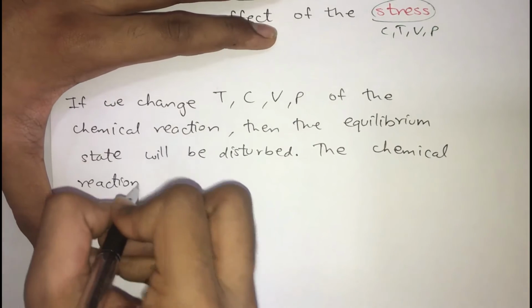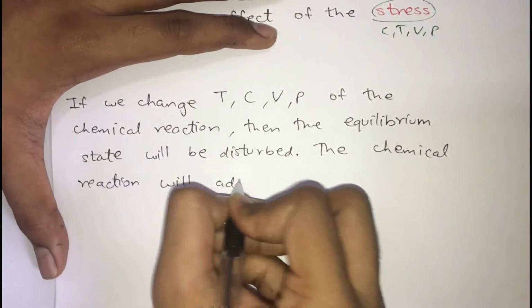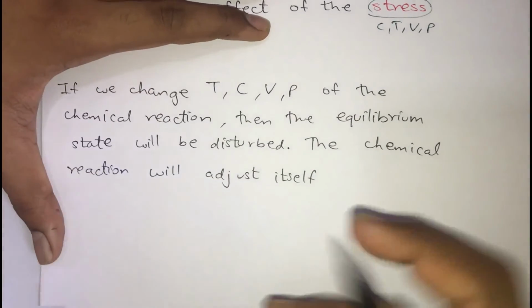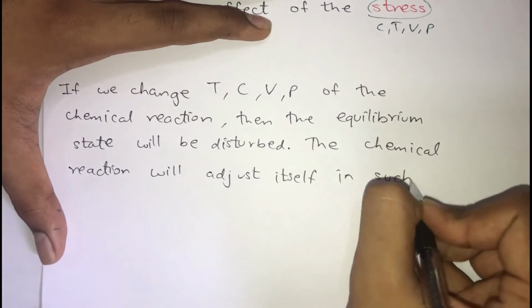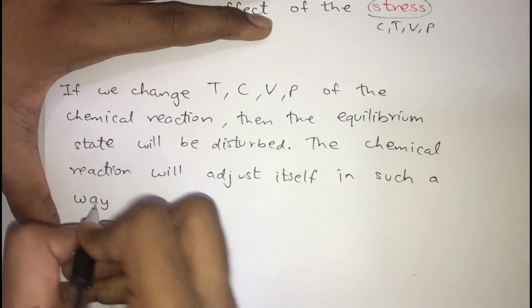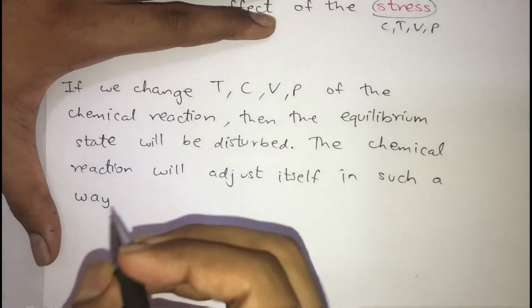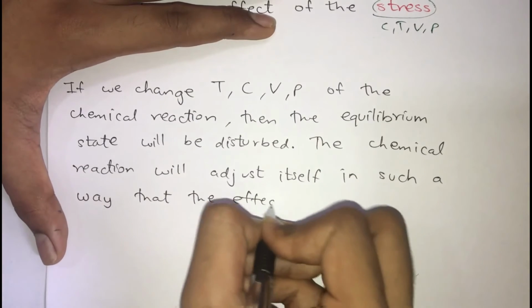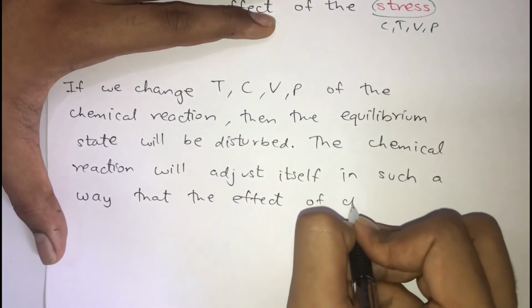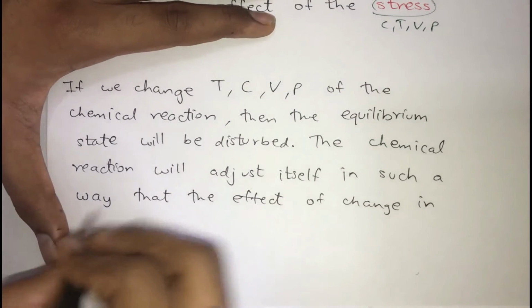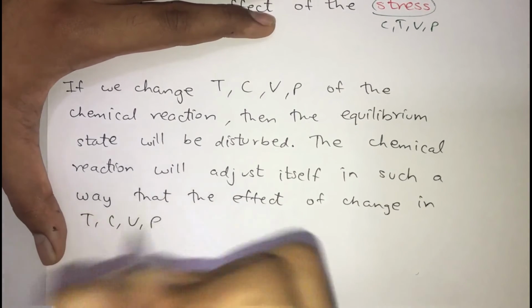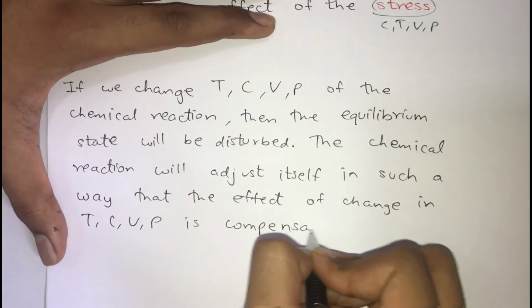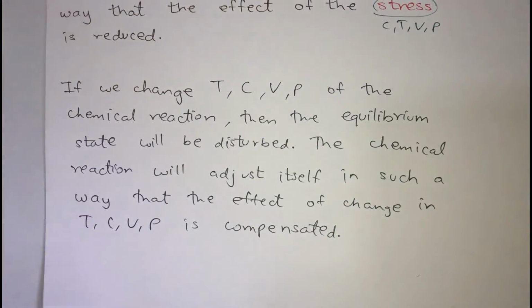The chemical reaction will adjust itself in such a way that the effect of change in temperature, concentration, volume and pressure is compensated. Now let me explain you all.